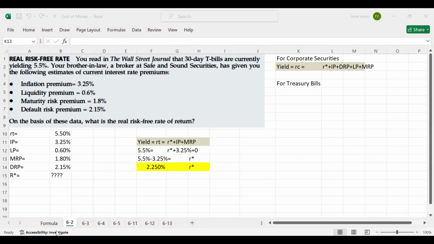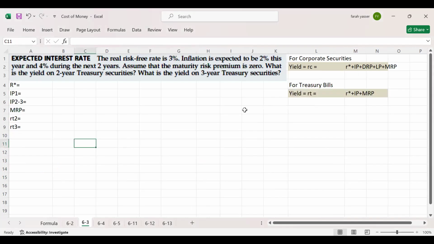This is problem number 6-2. So the next problem is 6-3. We will cover 6-3. And in 6-3, the real risk-free rate of return is given.